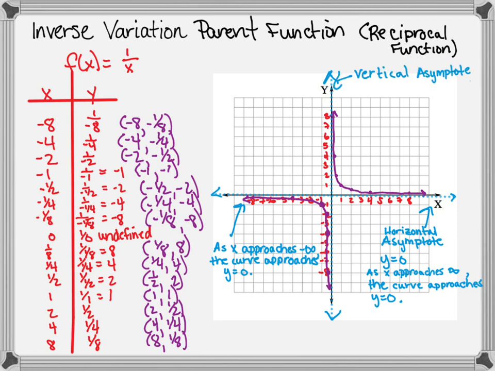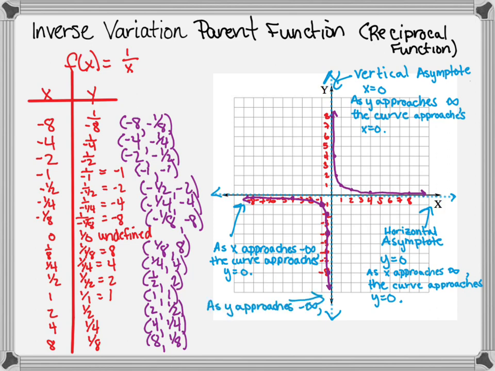So the y-axis is a vertical asymptote here, with the equation x equals 0. And we could say as y approaches infinity for our curve, the curve approaches the line x equals 0.